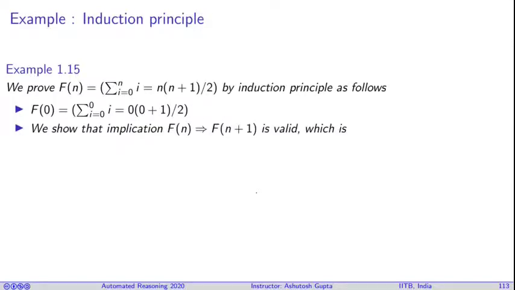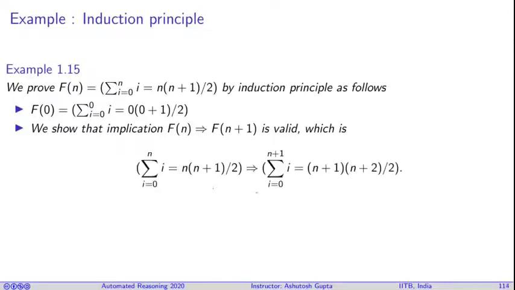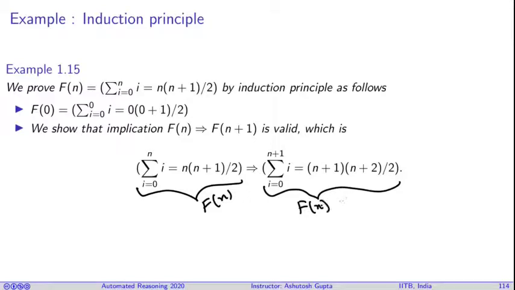Now we want to show that this implication holds. So how do you do that? You construct this implication, with this formula which is basically f(n), and this formula which is f(n+1).